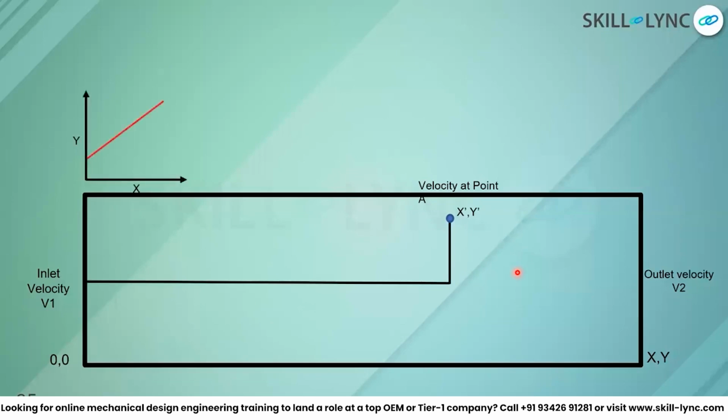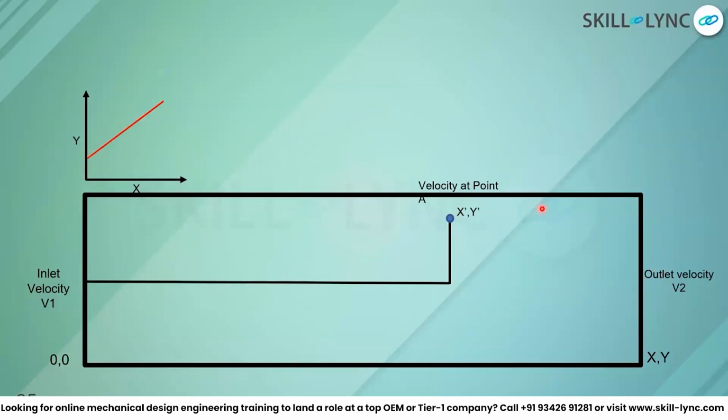So I would say I will get a result something like this, maybe linear. I'm not interested in whether it's different or not. But from the initial point at 0 to the point at L, the velocity at point A would be linear.